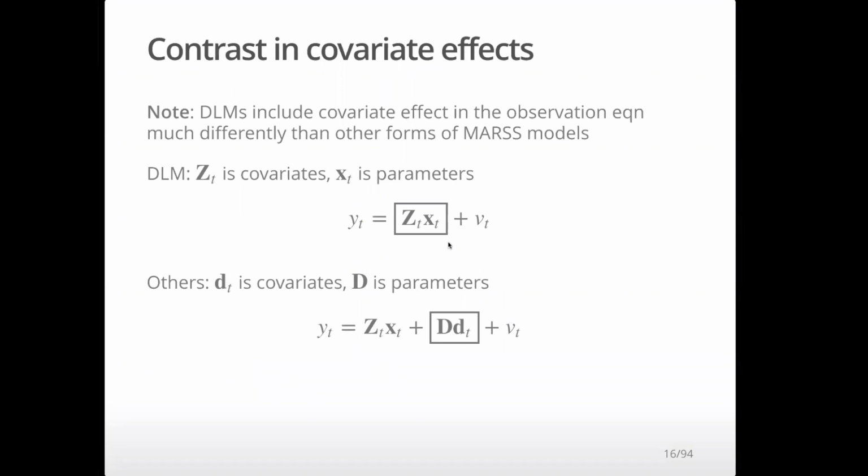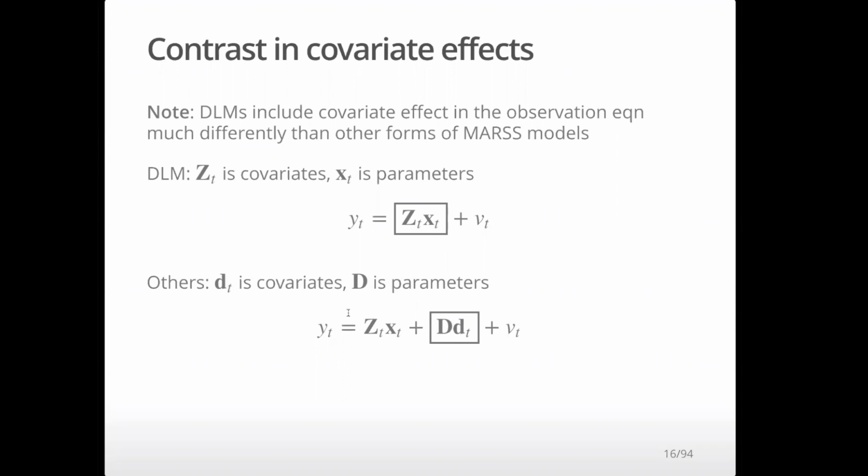So in a DLM, we treat the covariates, the predictors, much differently than we would in a standard MARSS type model. So here, Z is the covariate and X are the parameters.